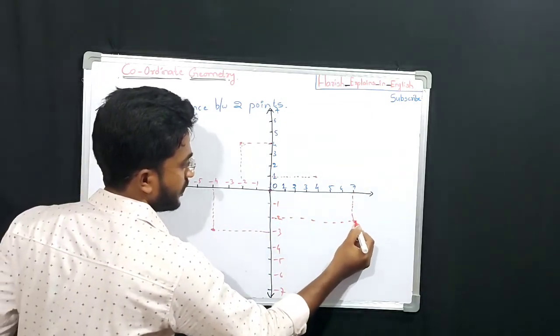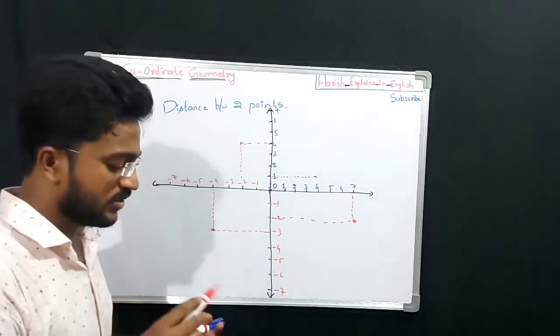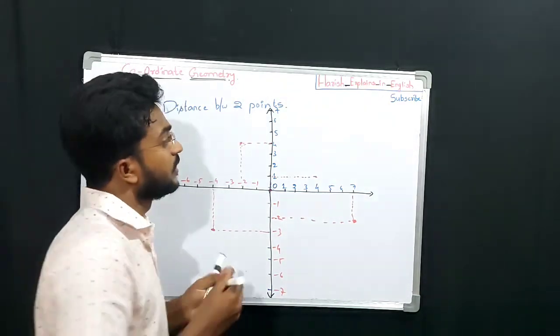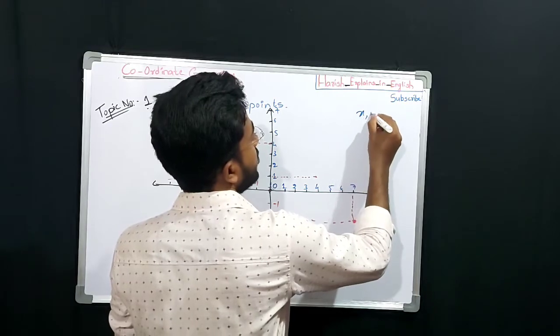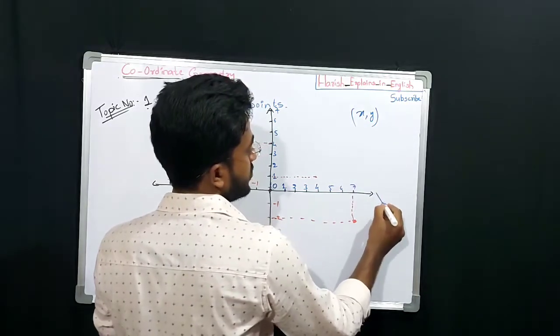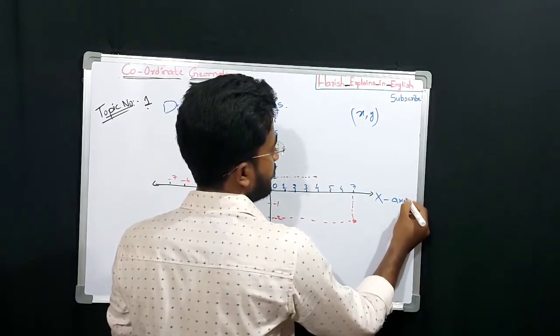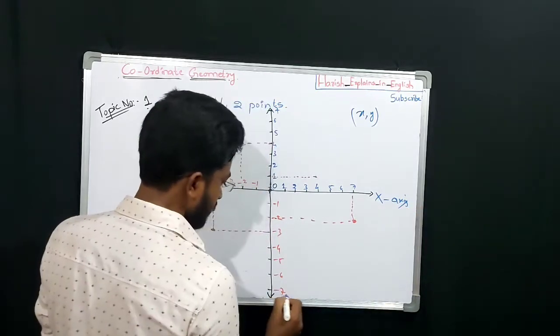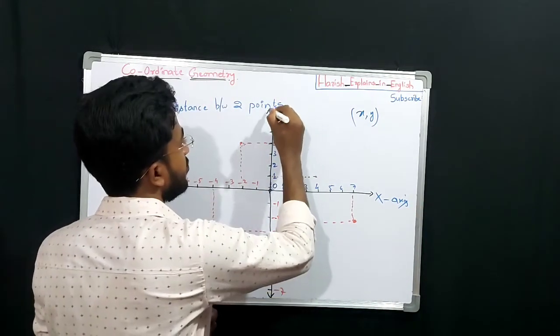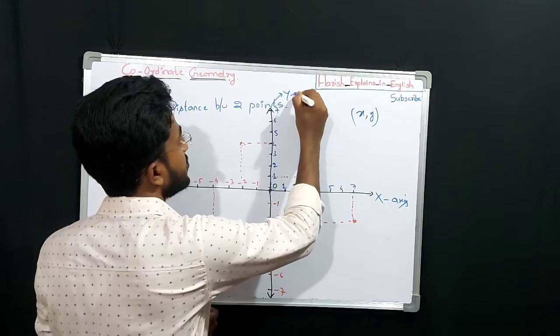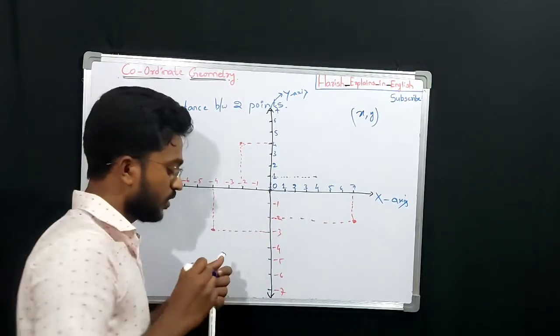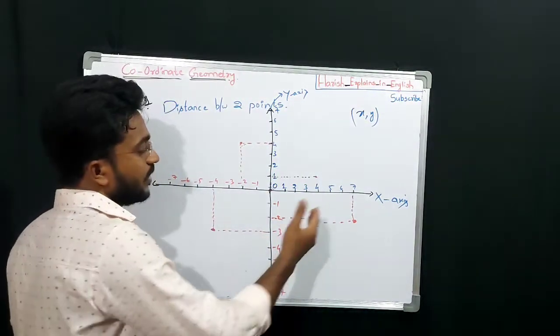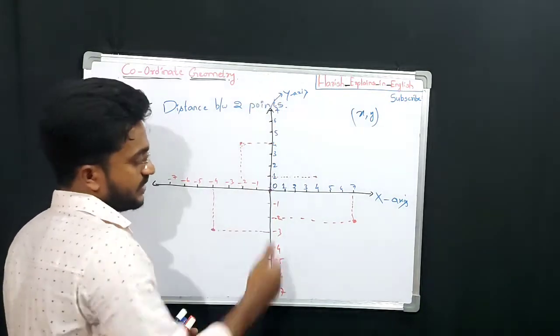Naming these points: x comma y. I forgot to say this is called the x axis and this is called the y axis. So these two are the axes. The x coordinate is on the x line, and the y coordinate is on the y line.